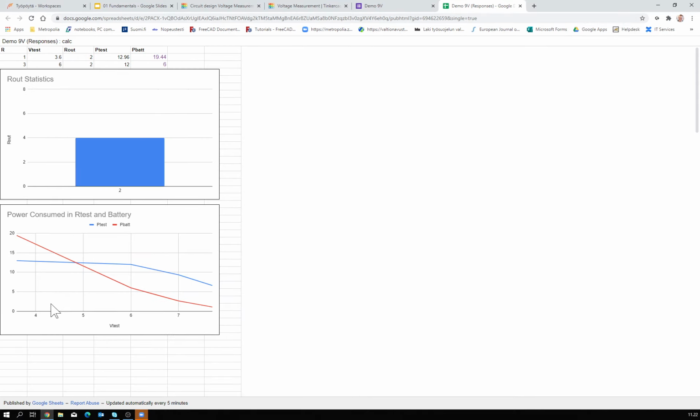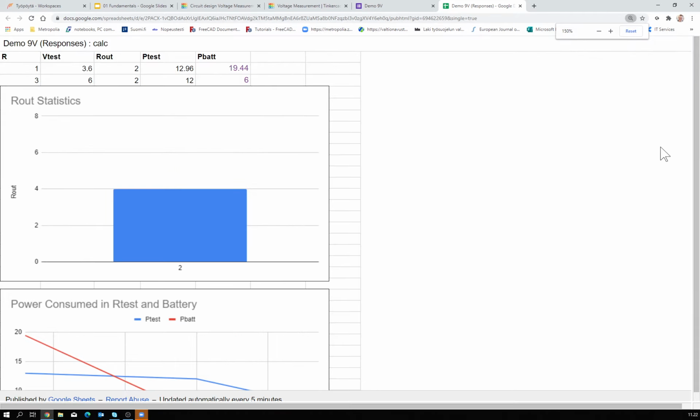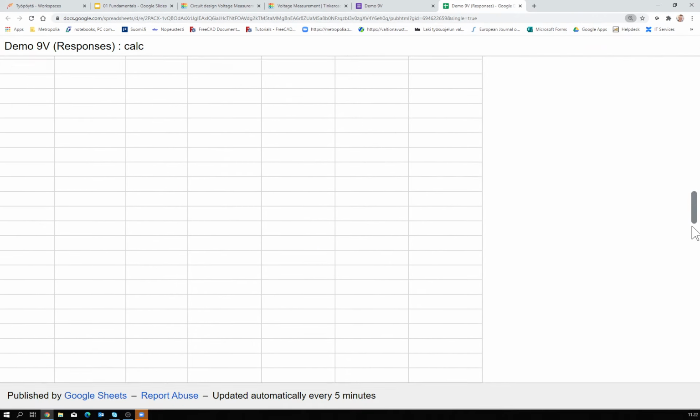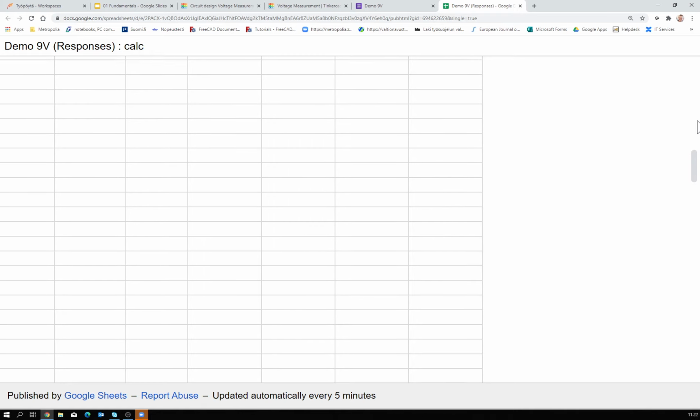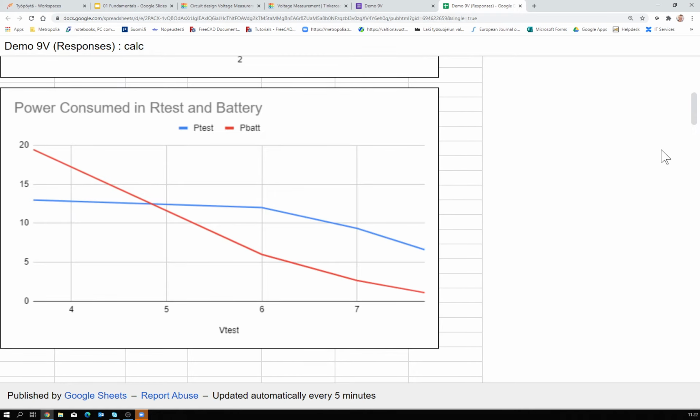The lower part is actually quite interesting here. Let me expand it a little bit. There we go. That's the power consumed in our test and our battery. Batteries are quite high power devices, so these powers are actually quite high. The red is the inside of the battery, and the blue one is the tested device, that resistor.